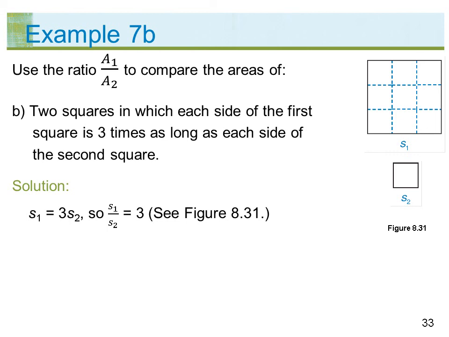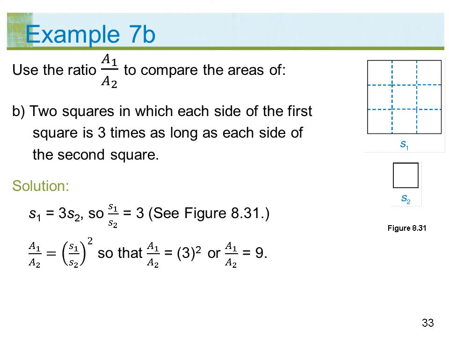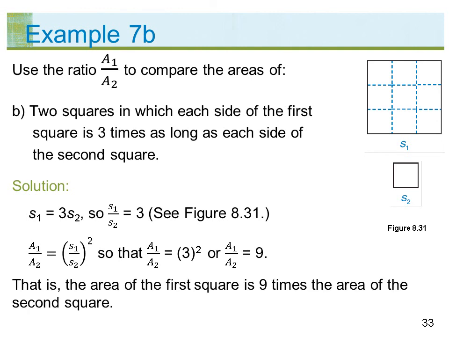See Figure 8.31. Area 1 divided by area 2 equals S sub 1 divided by S sub 2, the quantity squared, so that area sub 1 divided by area sub 2 equals 3 squared, or area sub 1 divided by area sub 2 equals 9. That is, the area of the first square is 9 times the area of the second square.